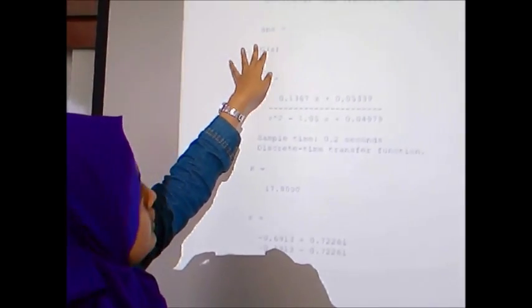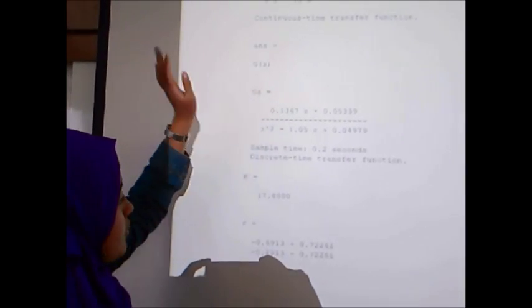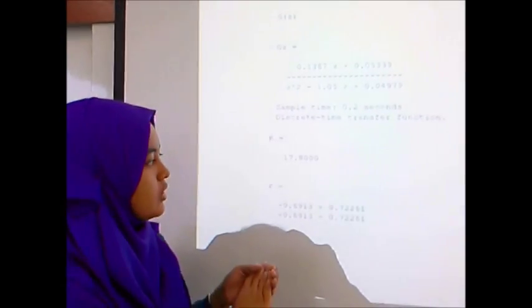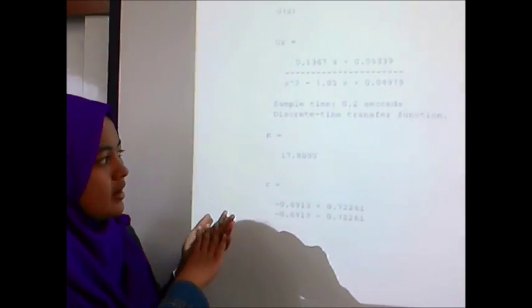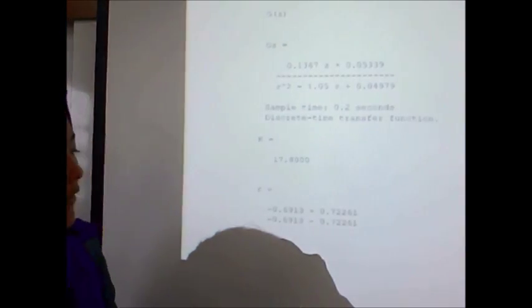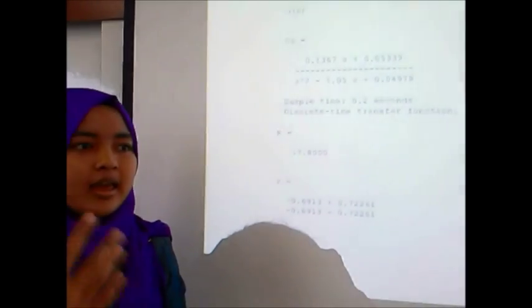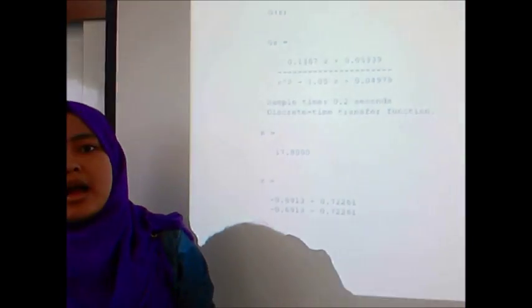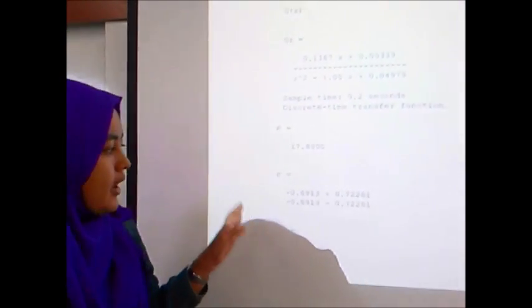And after we run the MATLAB, we found that the maximum K for this transformation is 17.8. That's why if we use K more than 17.8, the poles will be outside the circle.